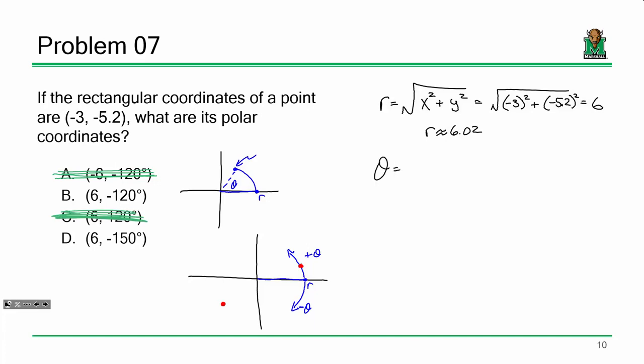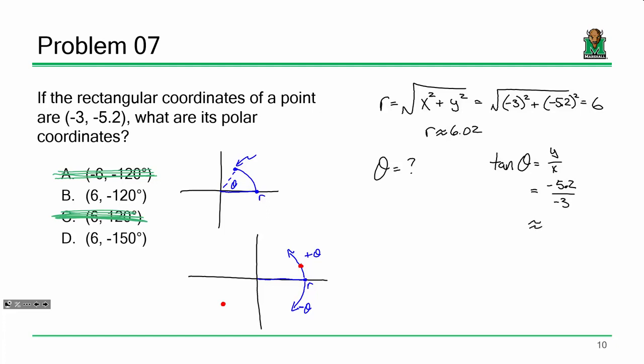As for the theta, how are we going to get that? Well, let me ask you this. What is the tangent of theta going to be? It is y over x, which is negative 5.2 over minus 3.